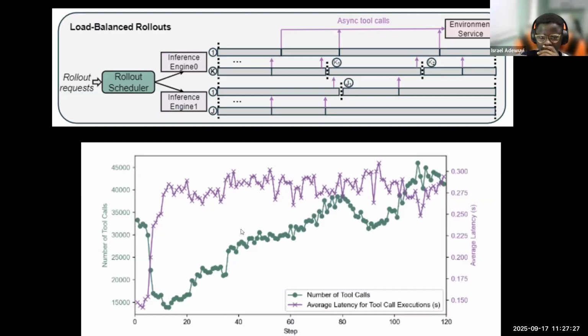Also, as I mentioned earlier, the code environments that they built were able to support 45,000 concurrent tool calls. And they also had latency of just about 0.3 seconds, which I thought was pretty quick.